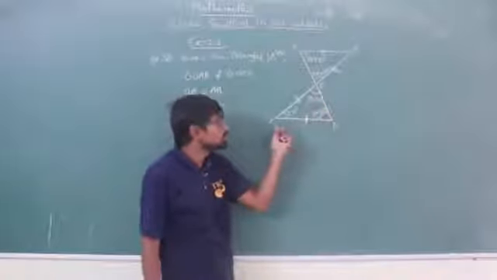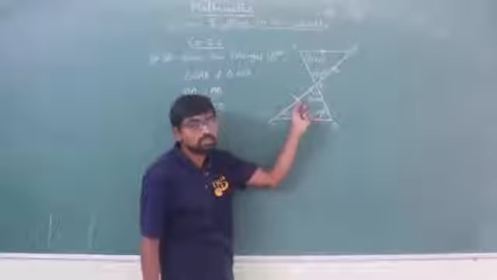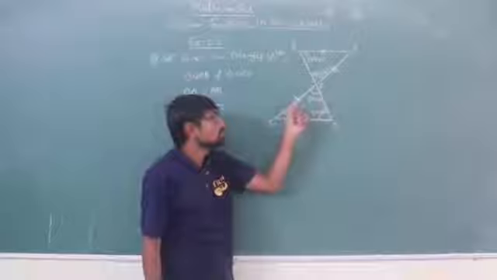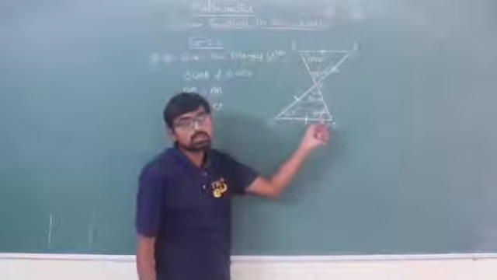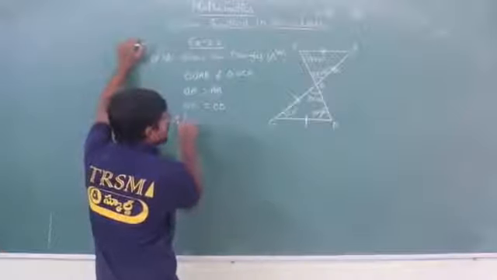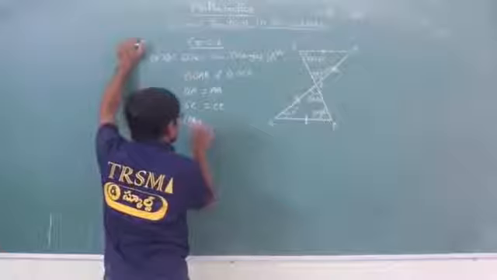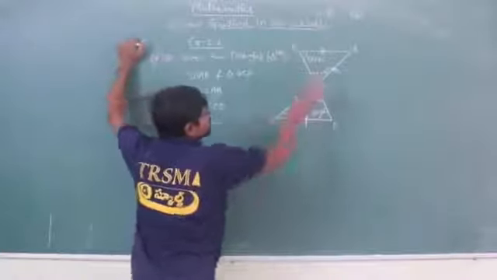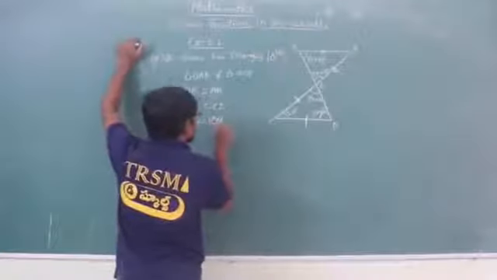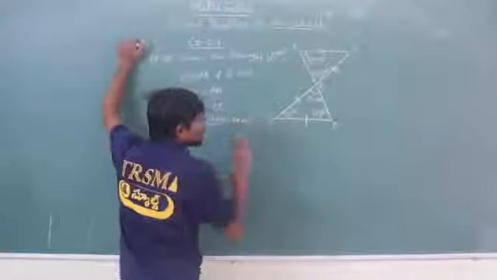Now again in this diagram, CD and OC are equal, isn't it? So the angle opposite this side is 3x plus 10. Here it will also be 3x plus 10, isn't it? So angle ABC is equal to angle AOB. AOB is equal to how much? 3x plus 10 degrees. Why?